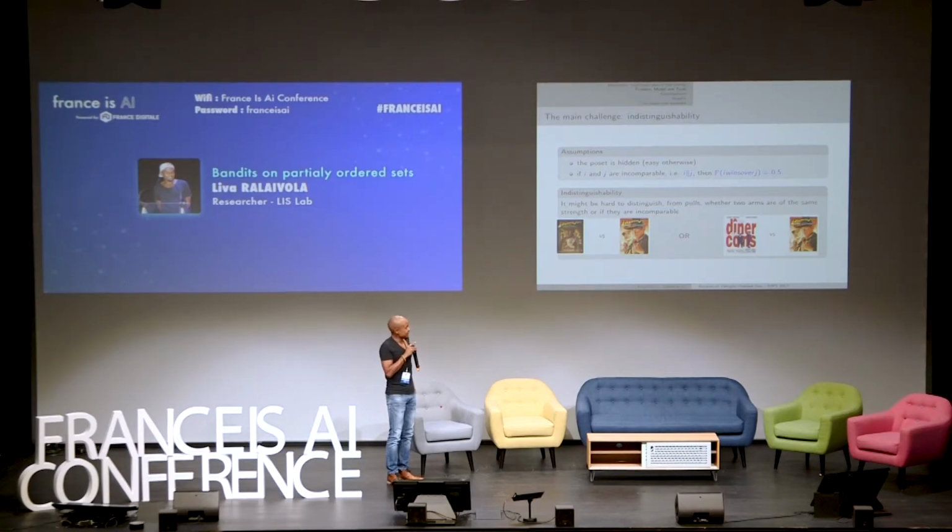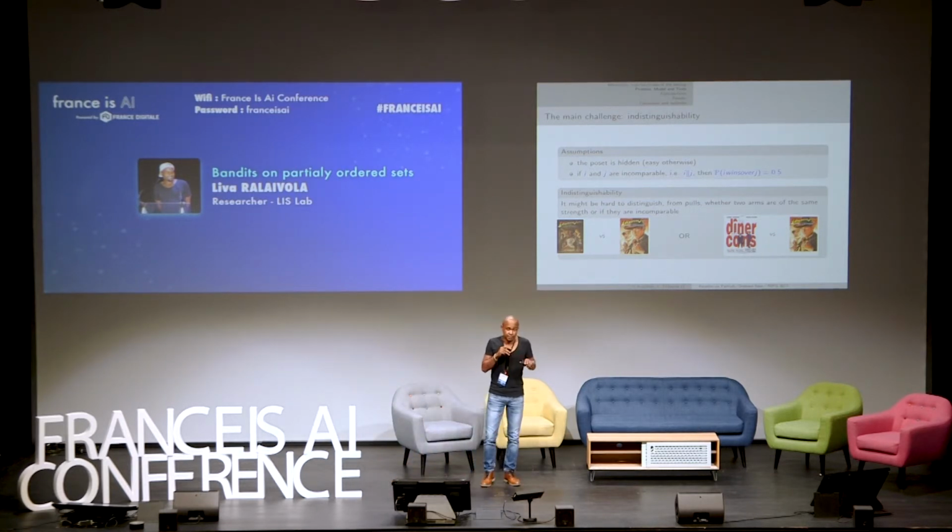The problem that we have here, and I'm not going to talk a lot about that, is that in the problem of dueling bandits on posets you have the problem of indistinguishability. It's very difficult to tell apart the situations where two movies are from the same category, or they can be compared but they have almost the same value, and the situation where you don't know whether they are comparable.